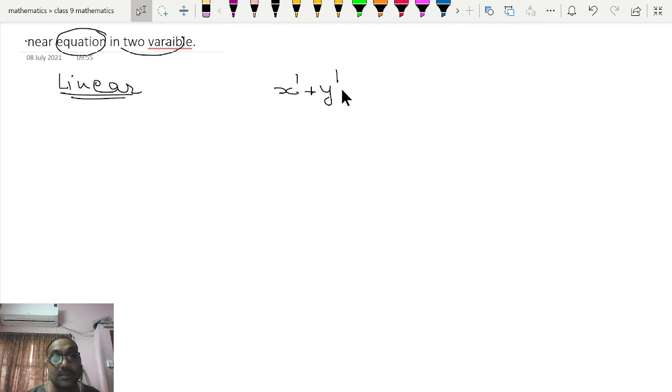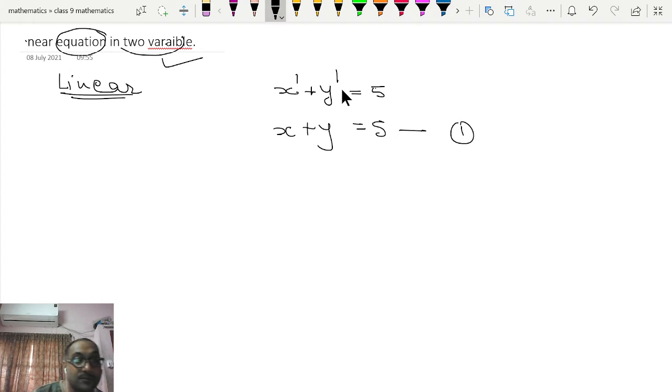So this equation means an equality sign, and it may have any constant, 5 or any number. So x plus y is equal to 5 is an example of a linear equation in two variables. Clear?